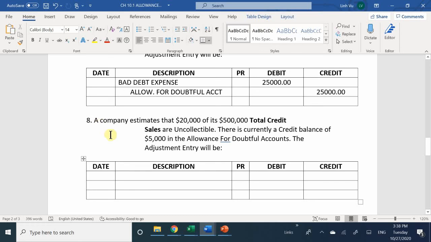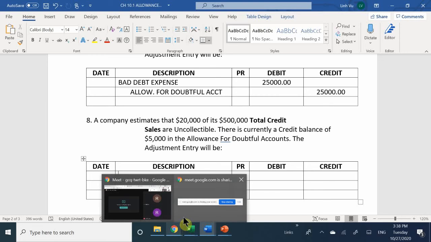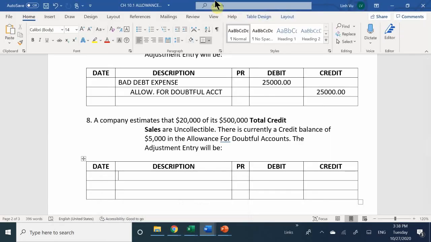Okay, so again, if a company is estimating, what is that going to trigger you to do? Well, it's estimating just what we did, so it will be the bad debt expense. Yes, good. So it's going to be bad debt, and it's going to be the allowance for doubtful accounts.